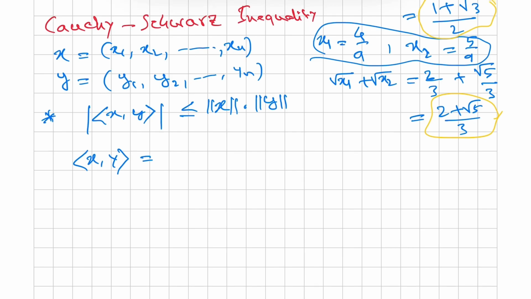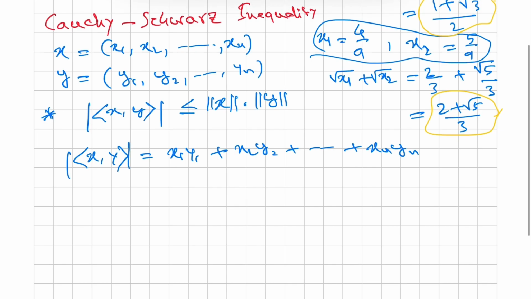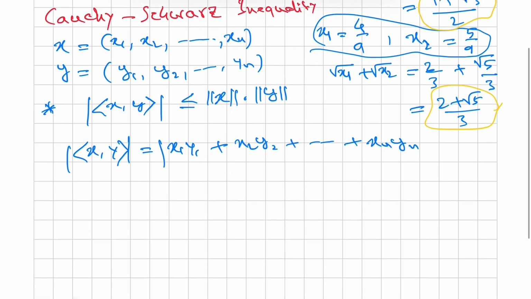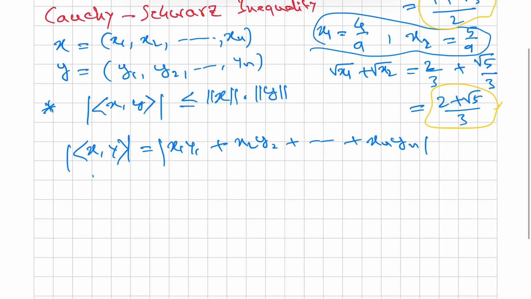In this case, the inner product is just x1 y1 plus x2 y2 plus dot dot plus xn yn. Since all are positive, I do not need to put mod, but no problem to put mod here. Fine. And what is norm x?